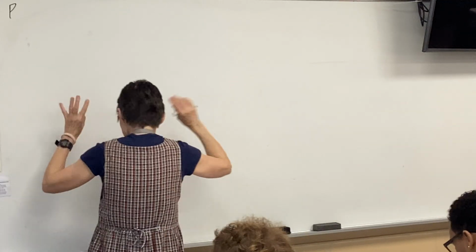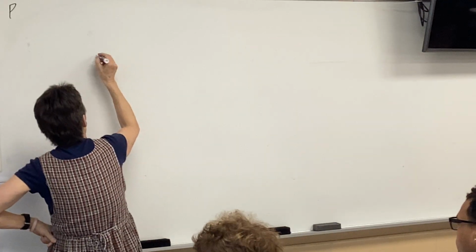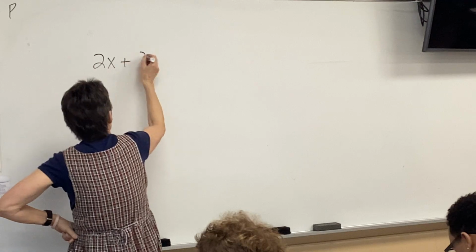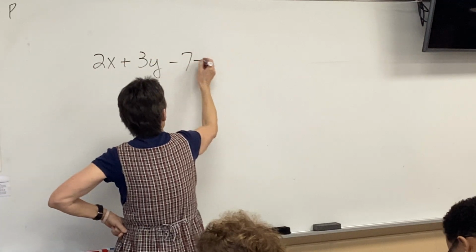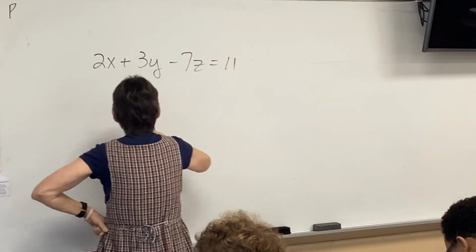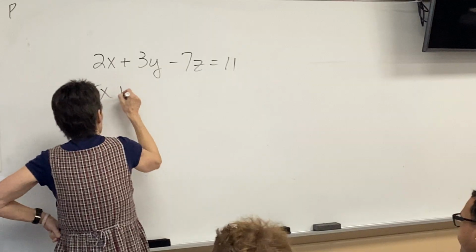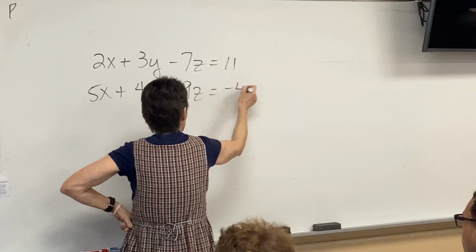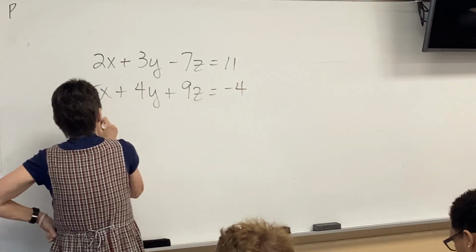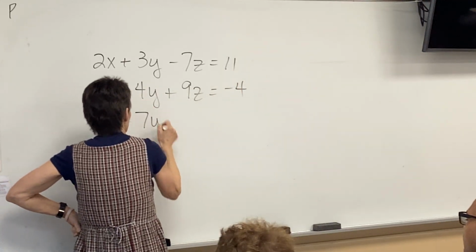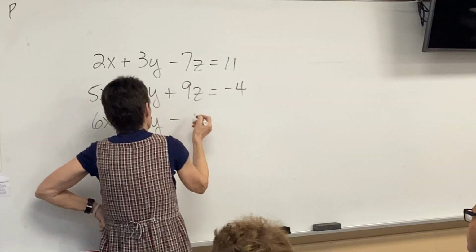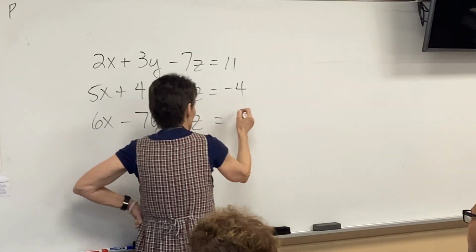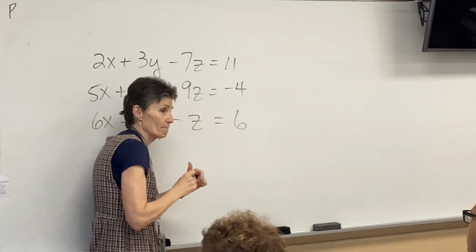I'm totally just making one up here. So 2x plus 3y minus 7z equals 11. 5x plus 4y plus 9z equals -4. And 6x minus 7y minus z equals 6.